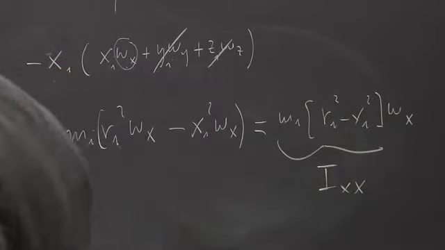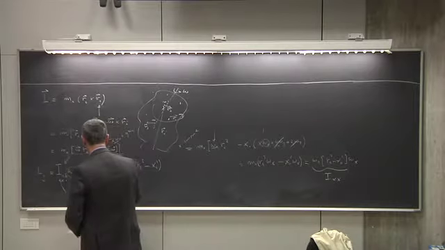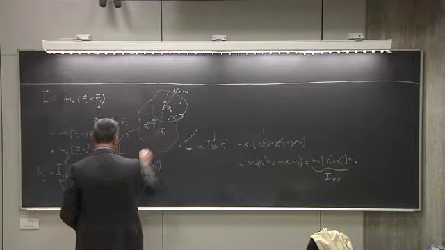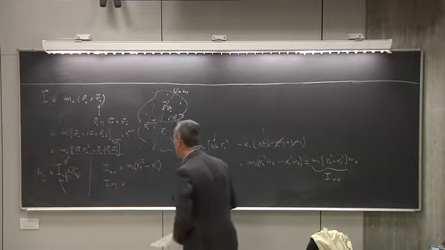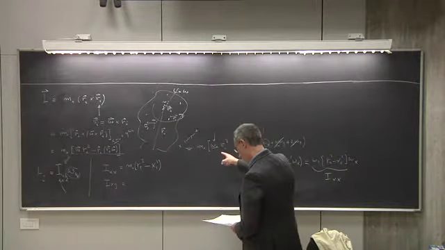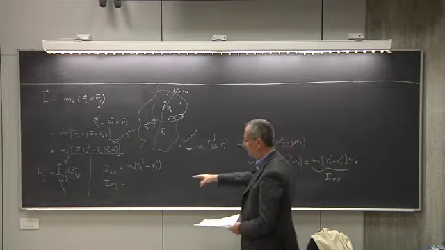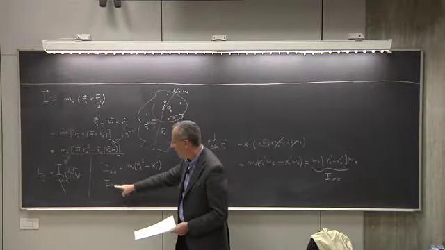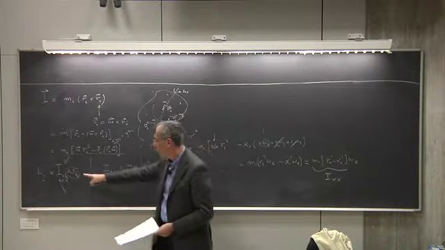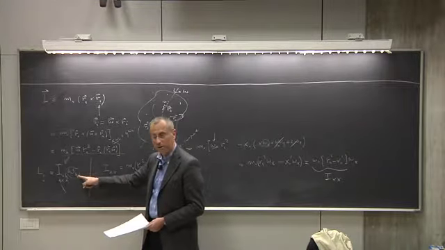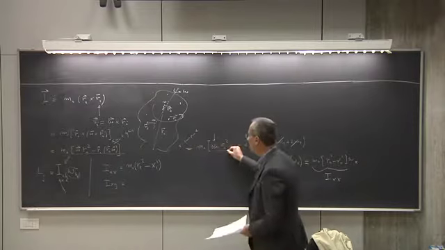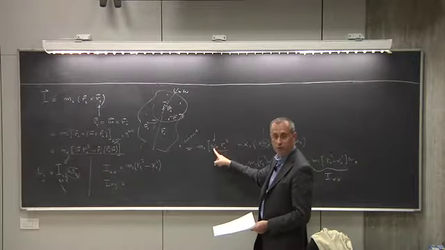For instance, what happens if I go off diagonal? I mean, this is the diagonal, so xx, xy, right? So how does that look? For xy, again I have to look at the term that is proportional to omega y now. So it's not this one, because this was the term proportional to omega x.